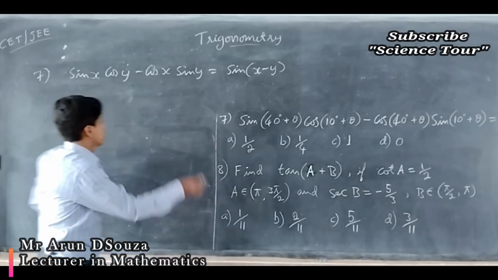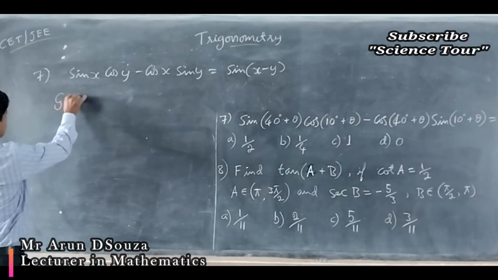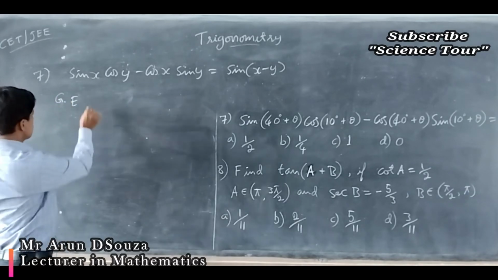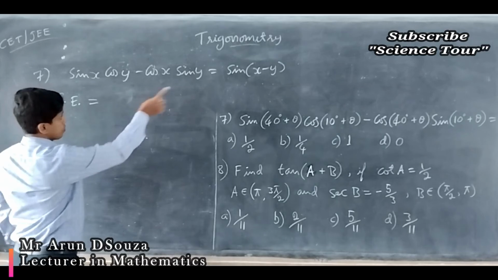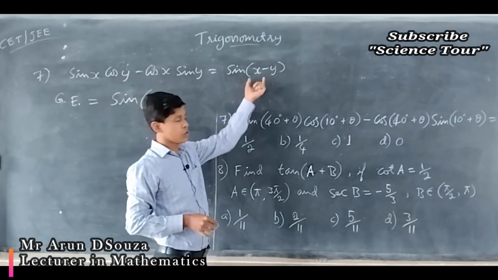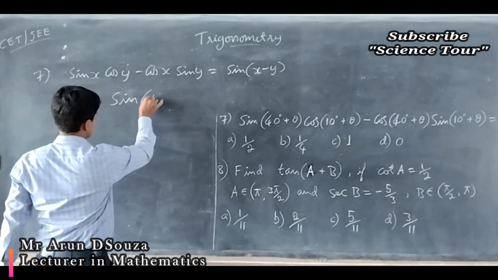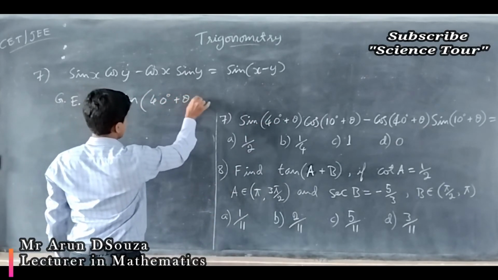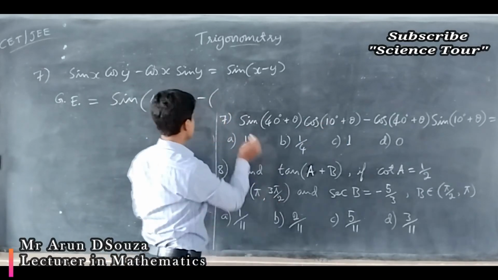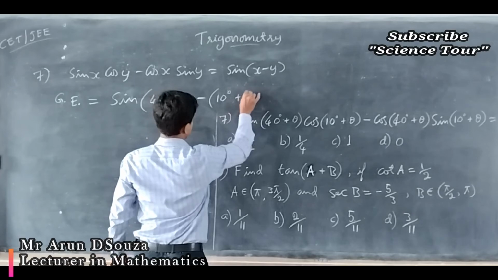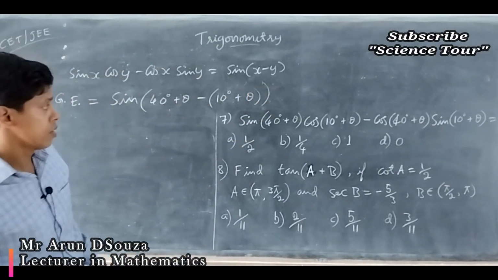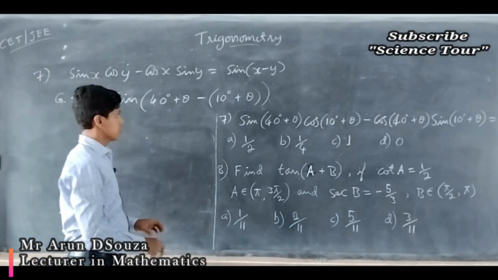So the given expression is equal to sine, in place of x what should I write? 40 degree plus theta, and minus y. So what is y? 10 degree plus theta. Well, that's it. I just have to simplify this, and that will give me the answer of 7th question.